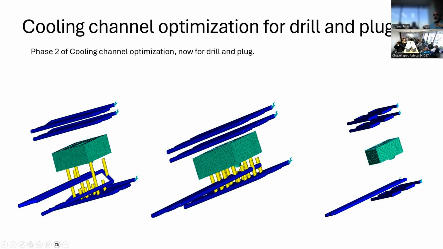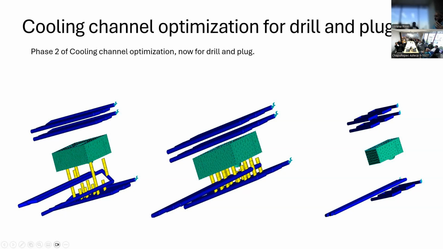So basically, rather than having the optimization being done with 3D printed cores in mind, we're now repositioning the mold cooling channels just by transformation, bringing them as close to the mold as we can.